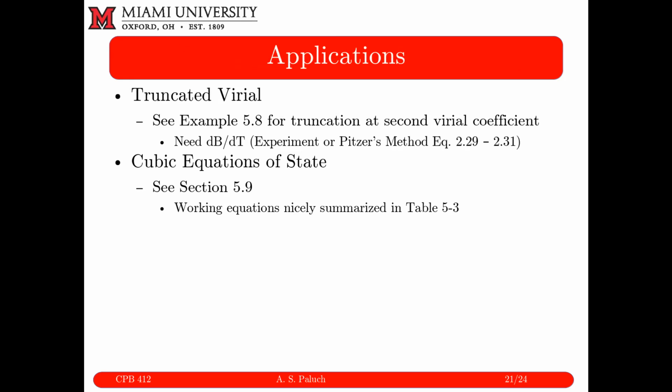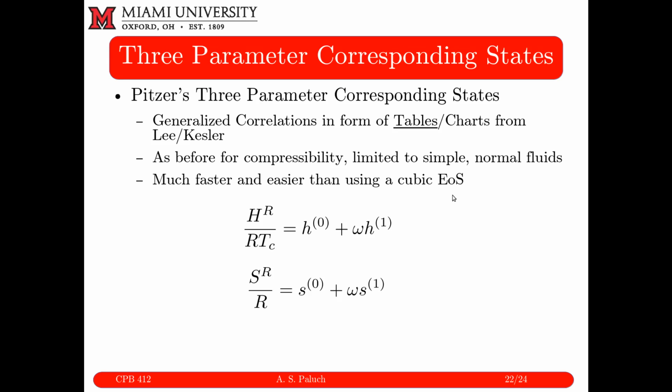So in terms of applications, we can use the truncated virial equation to evaluate these expressions. We can use our cubic equations of state. There are also 3-parameter corresponding states theories, and just like we had Z equal to Z0 plus omega Z1, where both our 0th order term and 1st order term are only a function of reduced temperature and pressure, we get the same thing for HR and SR. There are Lee-Kesler tables available to look up this H0, H1.